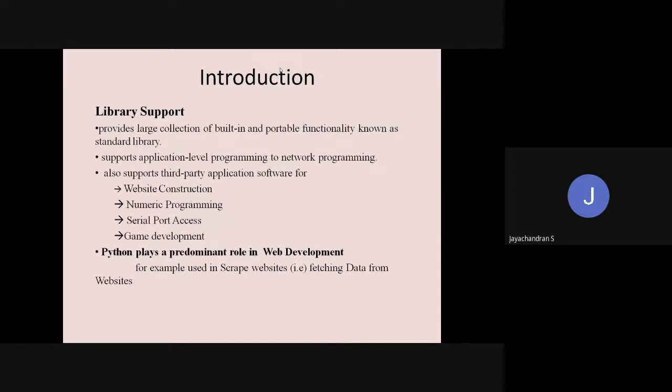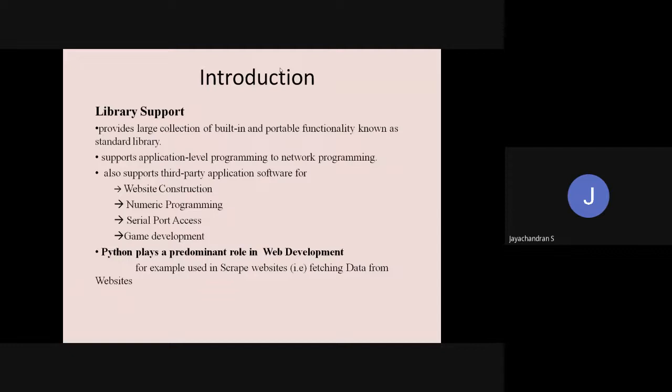It supports application level programming to network programming, and it supports third-party application software for website construction, numeric programming, serial port access, game development, machine learning, deep learning, artificial intelligence, and cloud computing. So it supports various levels with the help of library support.